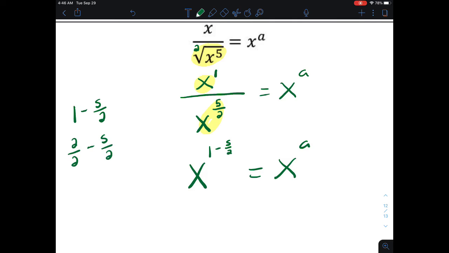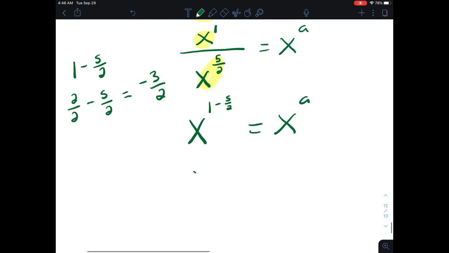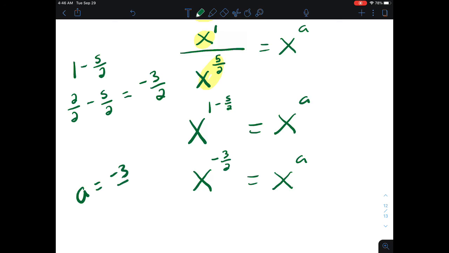So 2 over 2 minus 5 over 2 gives me negative 3 over 2. And so what we have is x to the negative 3 over 2 power is equal to x to the a. Now, I don't simplify this any farther. I don't make that exponent positive by moving it to the denominator because I wanted it in that form. So a is equal to negative 3 over 2.